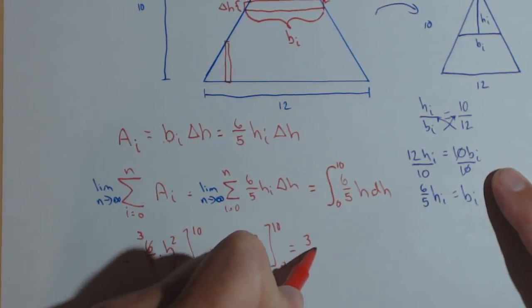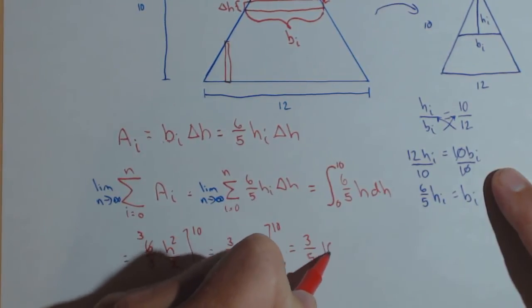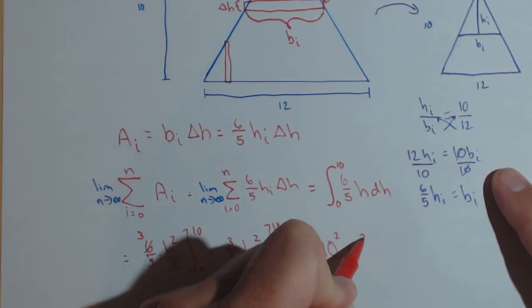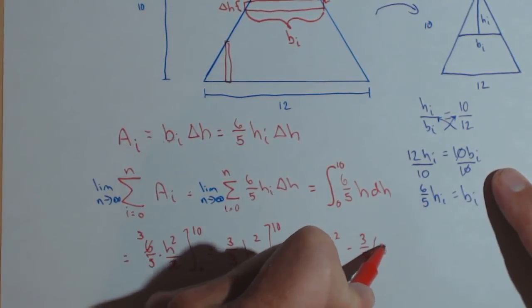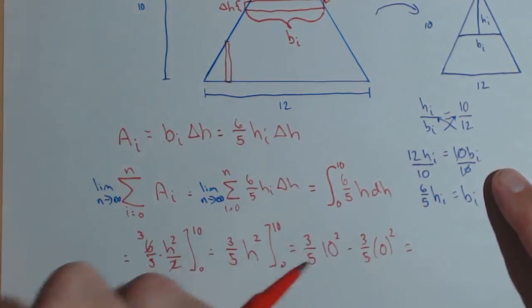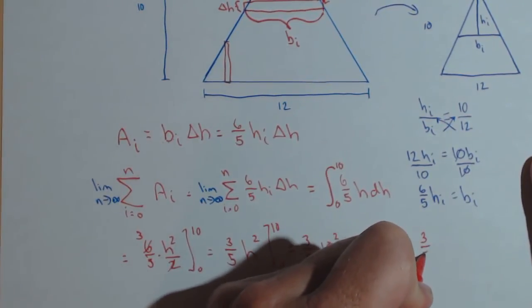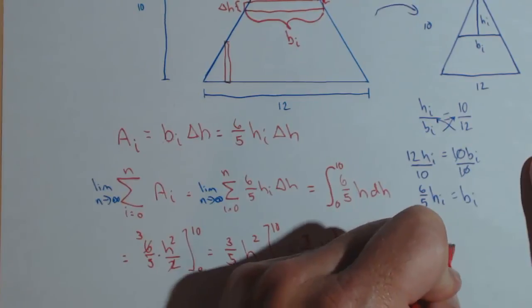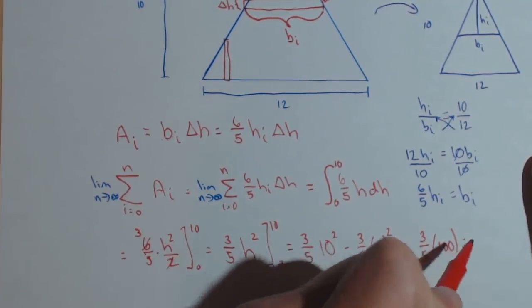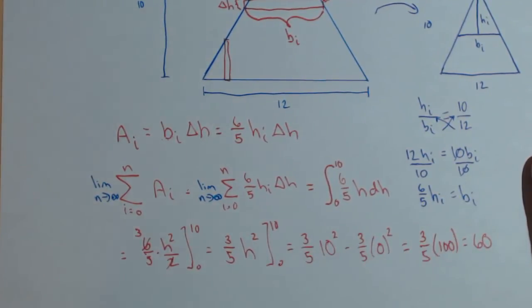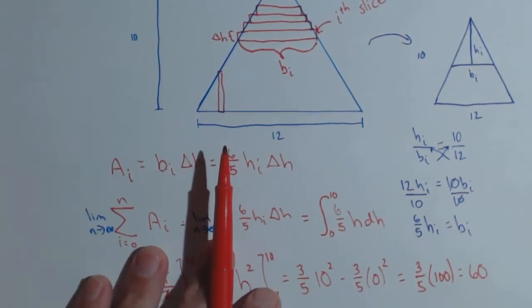Plugging 10 in, we'll have 3/5 times 10 squared minus 3/5 times 0 squared, which is just 0. 10 squared is 100. 3/5 times 100 is going to give us 60 square units, whatever our units are. Exact same as what we saw before.